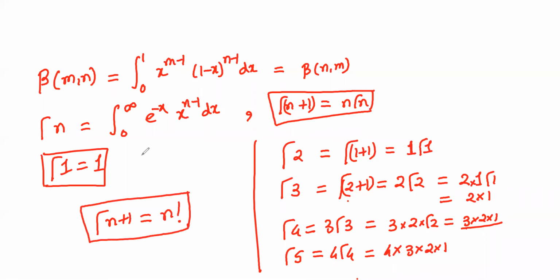Do you know the value of 10 factorial? That is 10 into 9 into 8 into 7 into 6 into 5 into 4 into 3 into 2 into 1. So 10 factorial is gamma 11. Please check it out. So gamma n plus 1 I can write as n factorial.